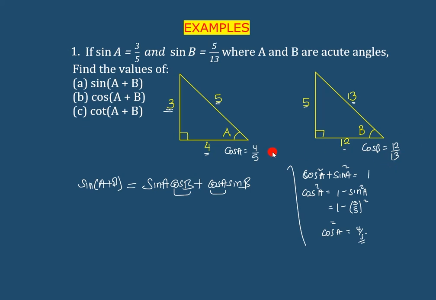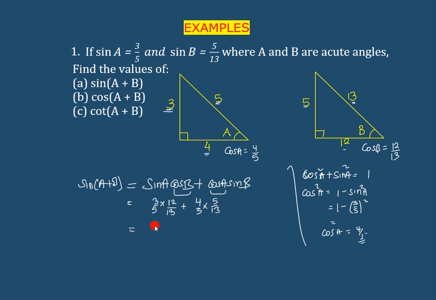And now we can get these values and substitute them here. So we have sine A, which is 3 over 5, multiplied by cosine of B, 12 over 13, plus cosine of A, 4 over 5, times sine of B, which is 5 over 13.